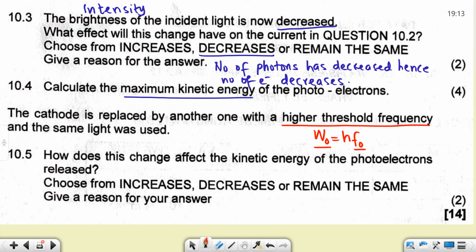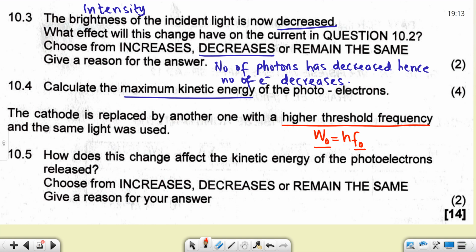Do you think it will increase? Will it decrease? Will it remain the same? What will be your answer? Increase, decrease, or remain the same? How will this change affect the kinetic energy?